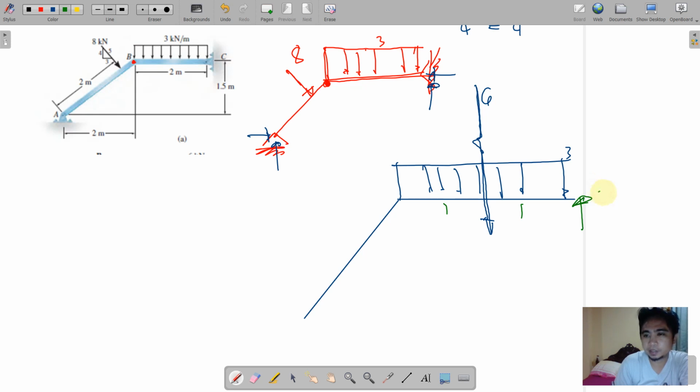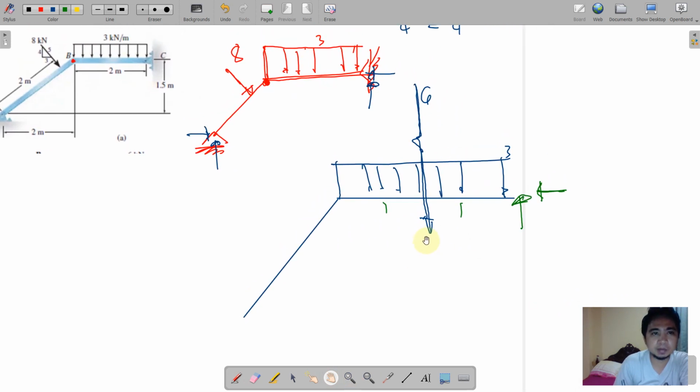Say, I'll just have this to be no problem. Huwag kayong mag-alala kasi nag-assume tayo, mamaya sasabihin din ng ating solution or the result would tell us whether we have a wrong assumption or not. So this is RCX and this is RCY.